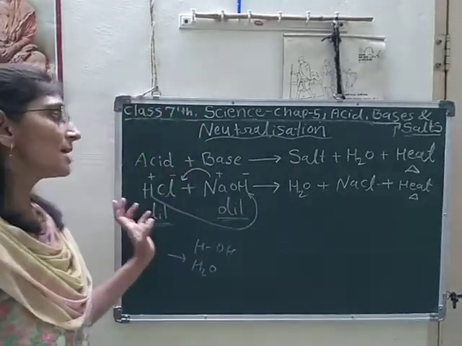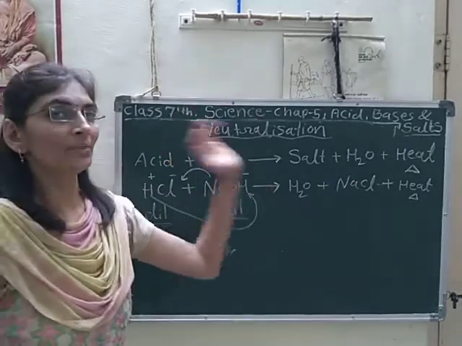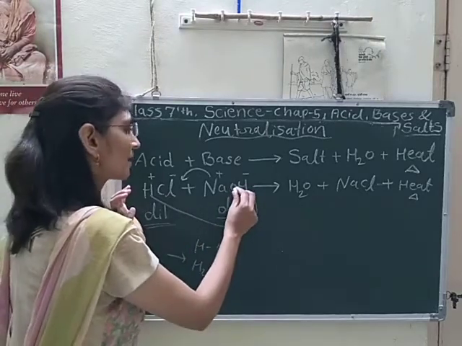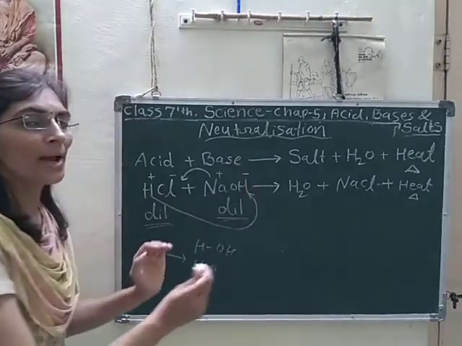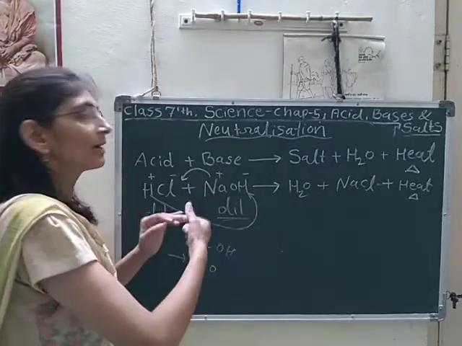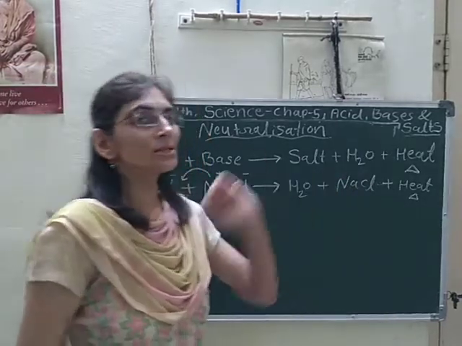This reaction is known as a neutralization reaction, because the hydrogen plus ion and the hydroxide negative ion combine with each other, cancel out the effect of each other, and water and salt are formed here.